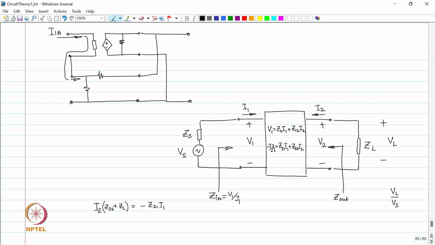Right, I have rearranged the second equation, which tells me that I2 is minus Z21 I1 divided by Z22 plus ZL.